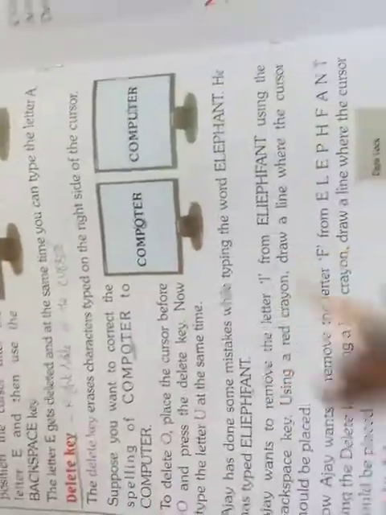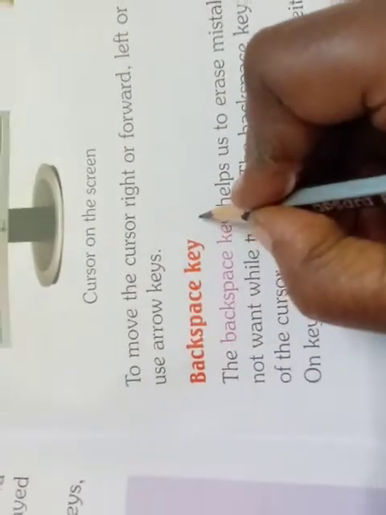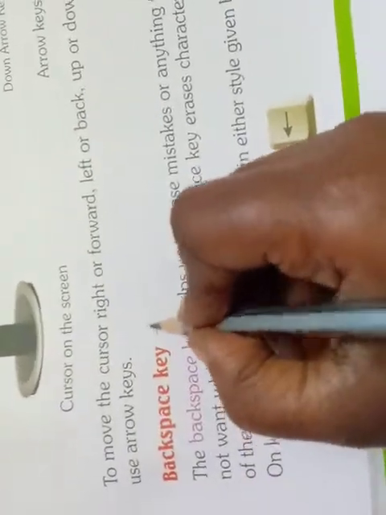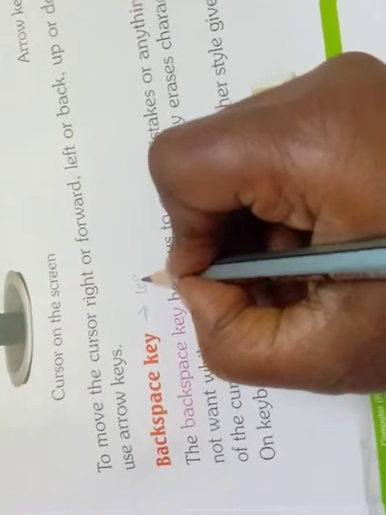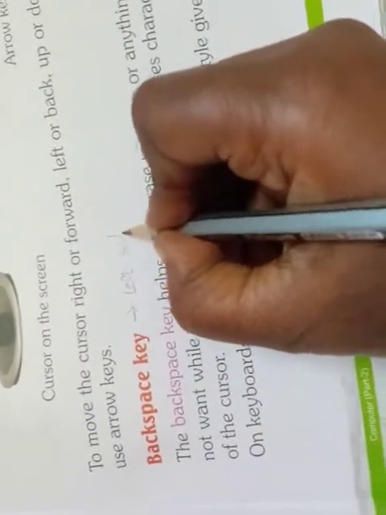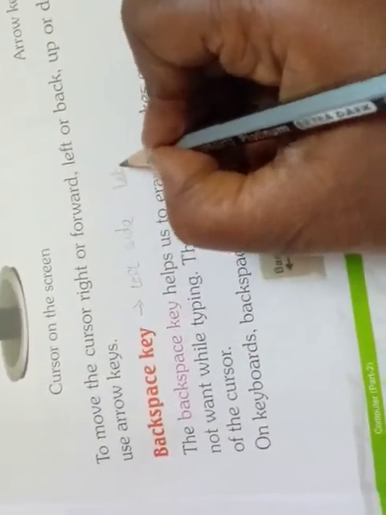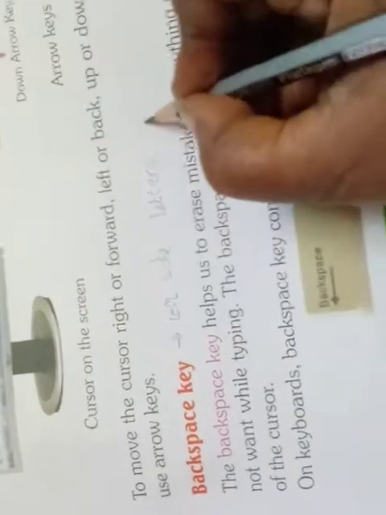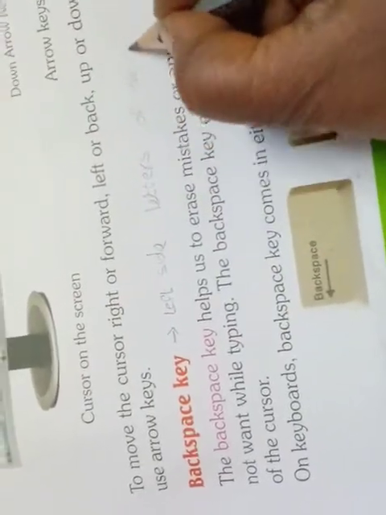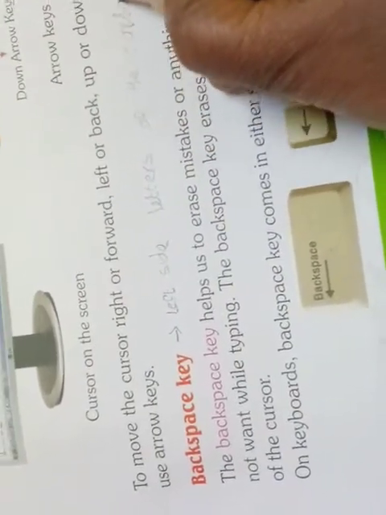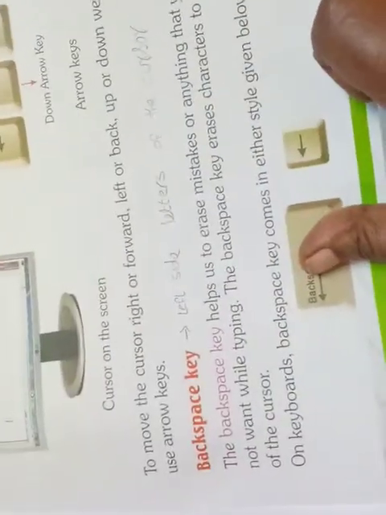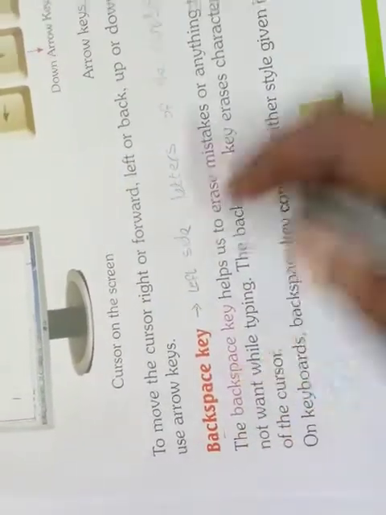Children, don't get confused. Backspace key erases the letters on the left side of the cursor. Means if you have to erase the letters on the left side of the cursor, we should press the backspace key.